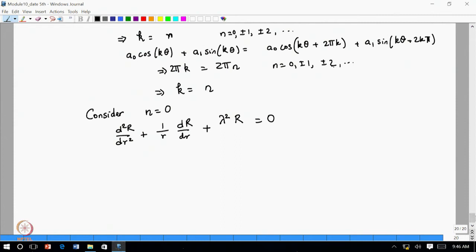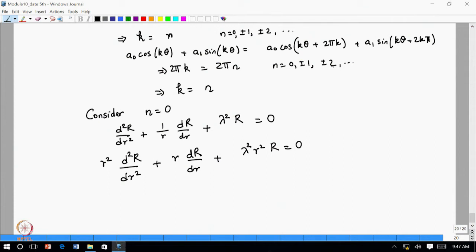This is what the equation for r becomes. Okay. Now, let me just multiply through by r square. So, I will write this as r square d square r by dr square plus r dr by dr plus lambda square r square r equal to 0.